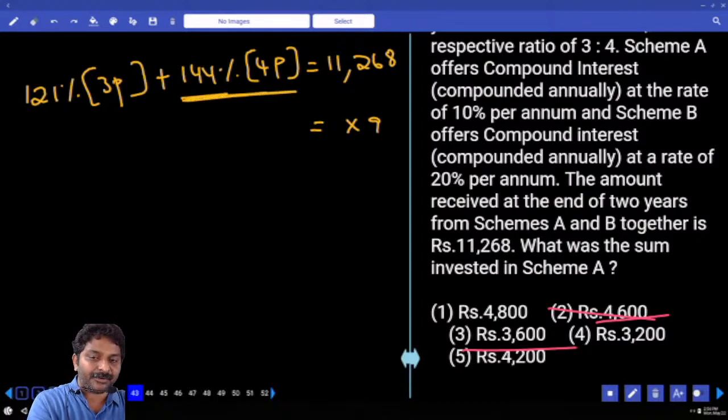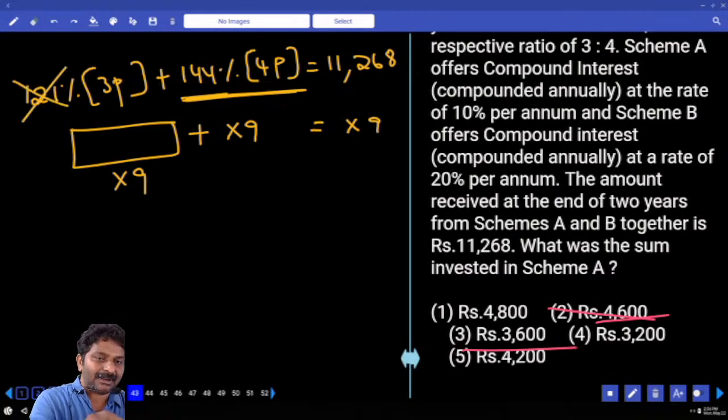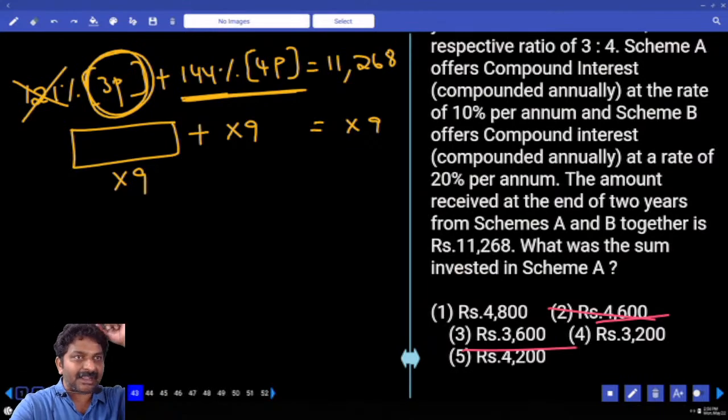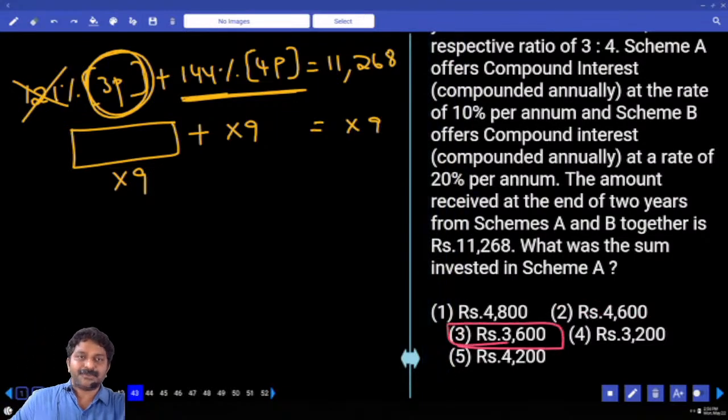Because of 144, this number is also a 9 multiple. To that, whatever you want to add also has to be a 9 multiple. 121 is not a 9 multiple. So that means the principal in scheme A, the 3 parts value, has to be a 9 multiple. So we are going with that, and 3600 is the only option which is available.